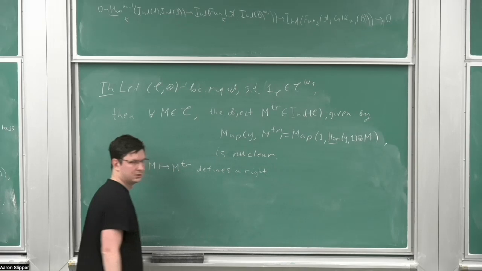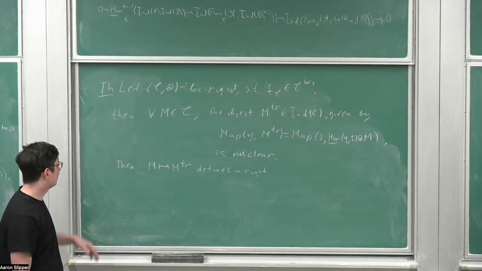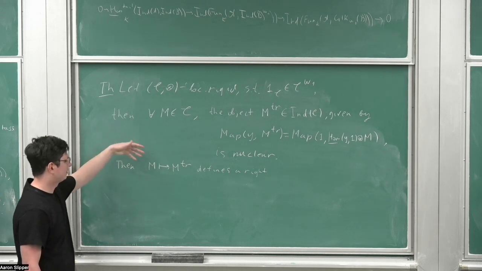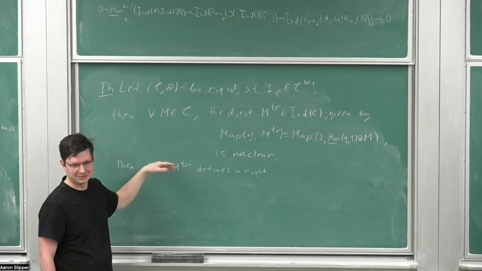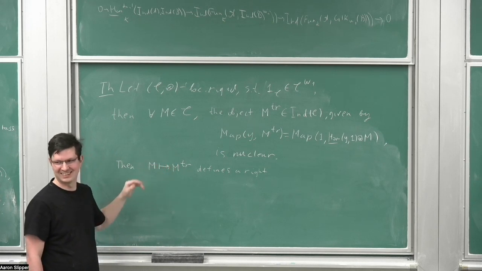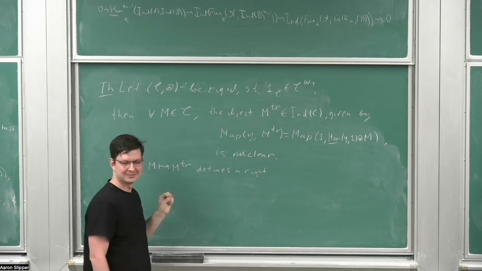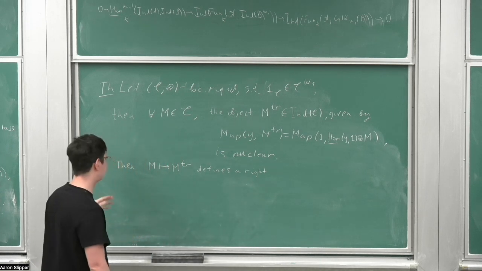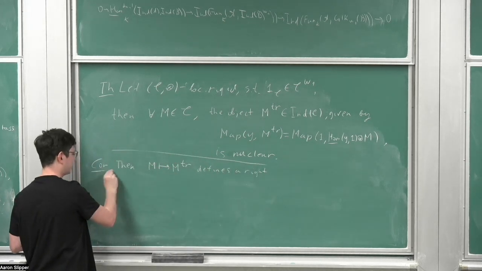Can you finish formulating this? Well, I am sort of including the consequences of the statement into the theorem. The object given by this is nuclear. Yeah, this is already a statement. Yeah, let's put it like this. So this is a theorem, and this is a corollary.